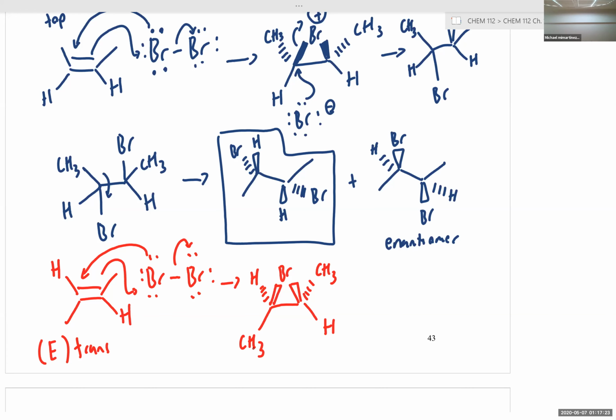Give me one moment. It takes a little bit of coercing to get the model kit to want to make a bromonium intermediate. Okay, so here we go. Here's our bromonium intermediate.